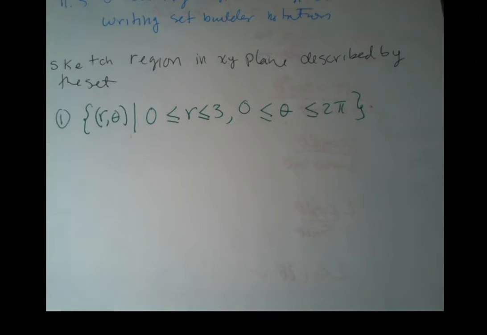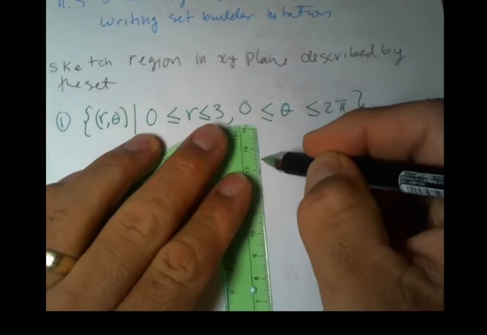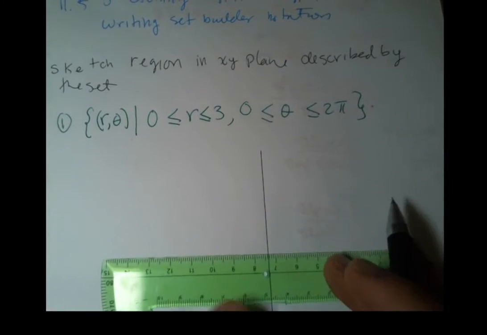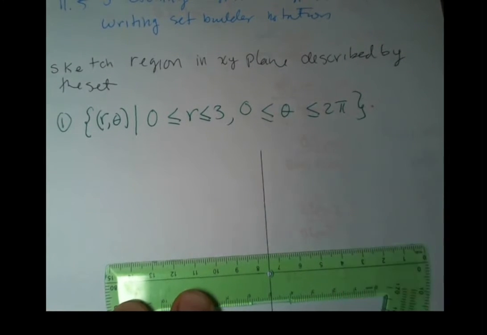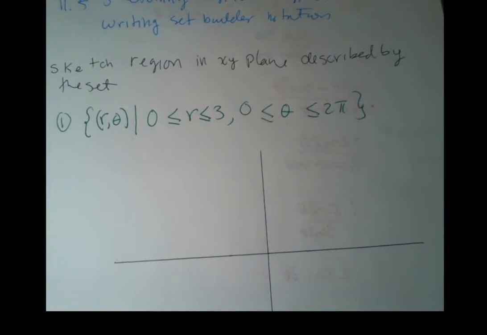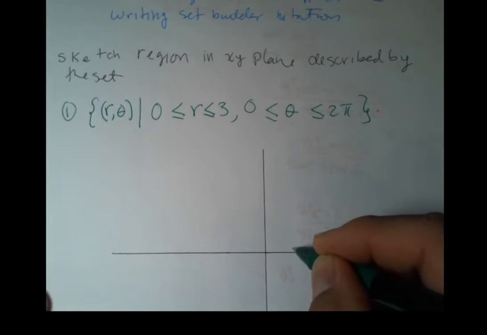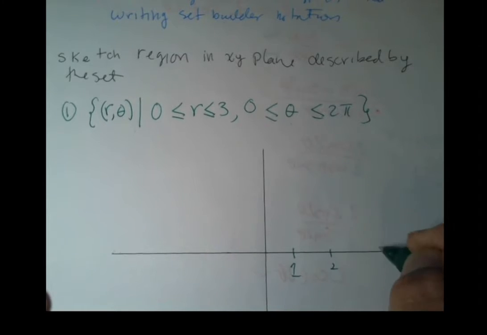All right, so our coordinate axes will look nice. Now, r runs between 0 and 3, so let's say 1, 2, 3.